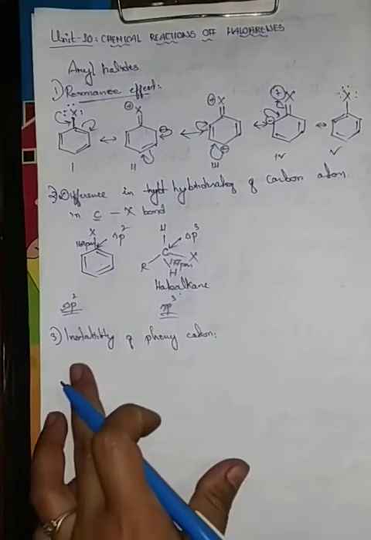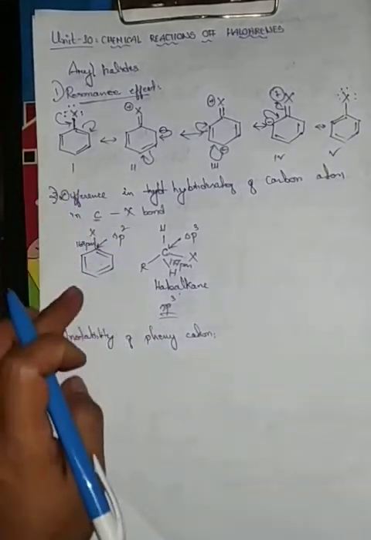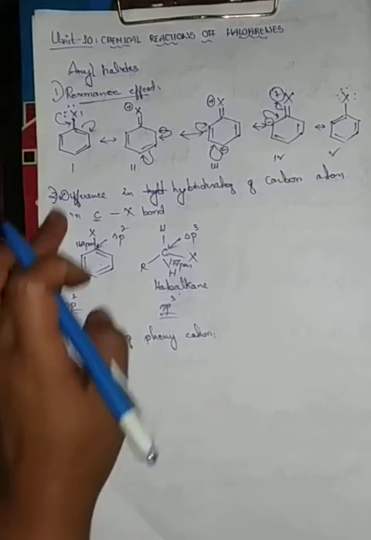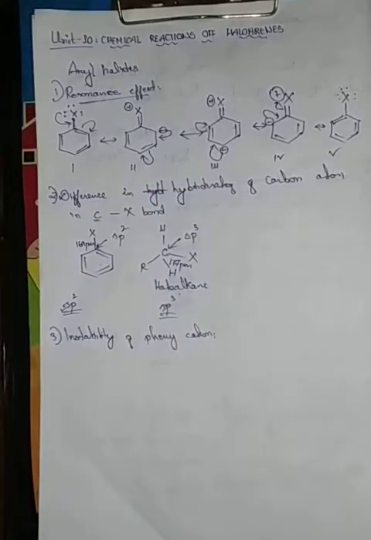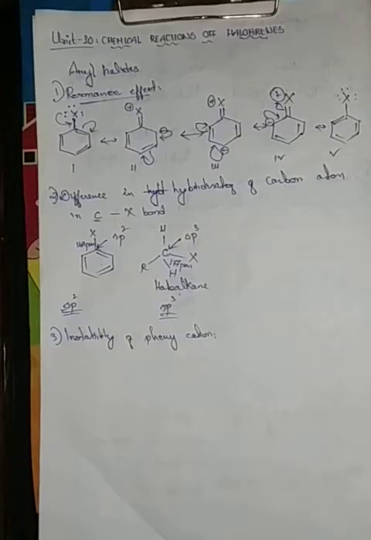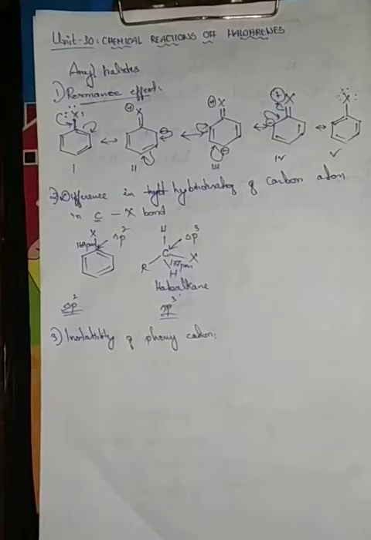In the case of haloarenes, the phenyl cation formed as a result of self-ionization is not stabilized by resonance, and therefore there is no feasibility for the SN1 reaction. Therefore, SN1 mechanism is not possible in haloarenes.